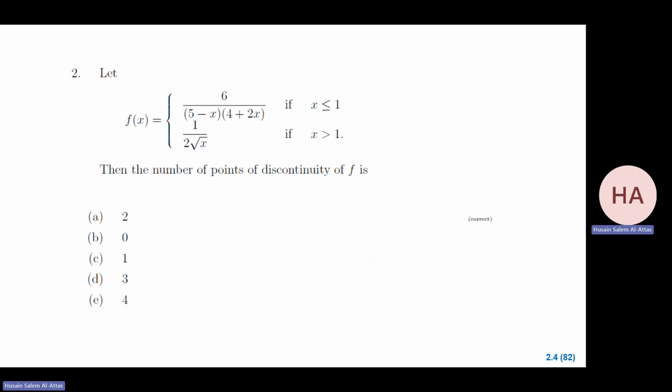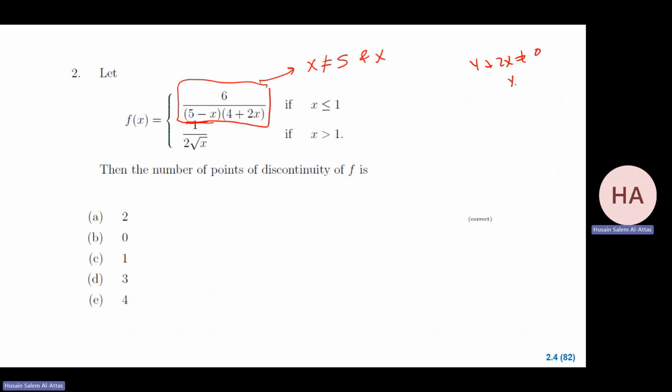Yeah, I need to be careful here. Okay, because it's piecewise, I need to check each function. This one, where I have problems, I have the denominator: x should not equal 5, and 4 plus 2x not equal to 0.